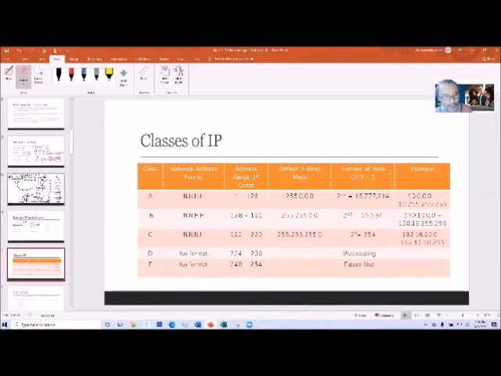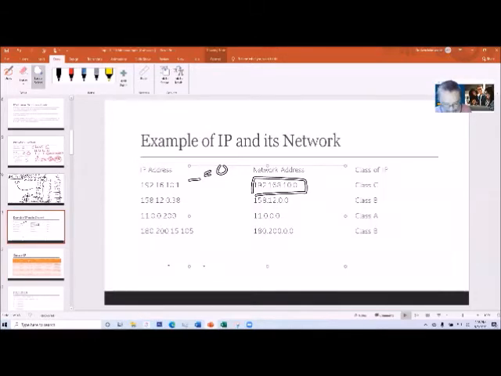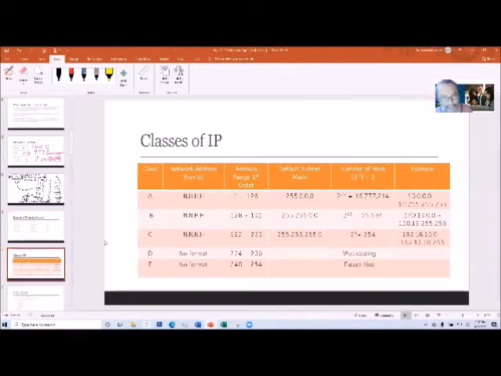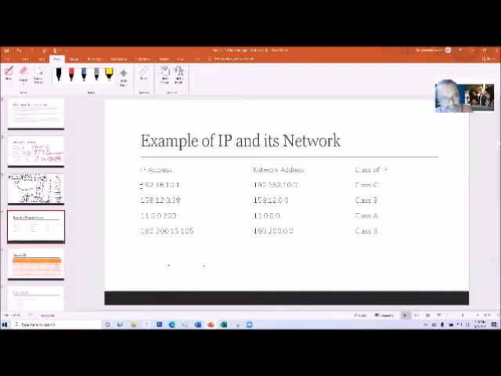That's why, going back to our example here, this one is 192. We said that if the first octet falls in that range, since it is 192, it is in class C form. Now, if it is in class C form, you can identify the format. Look at this. This is class C. Why? Because the first octet is 192.